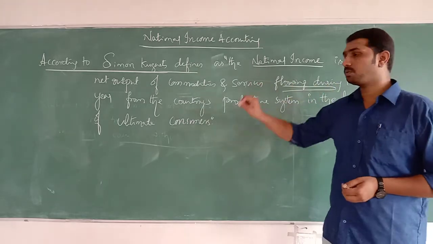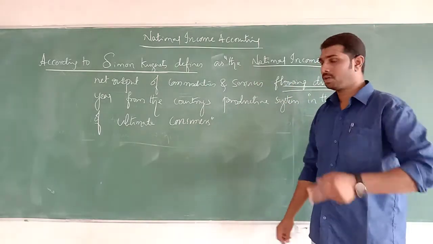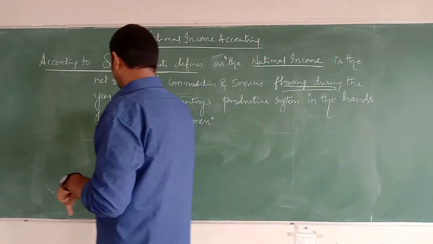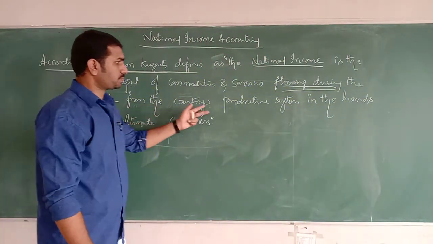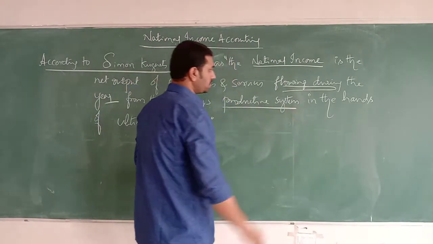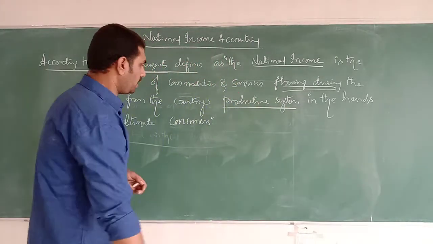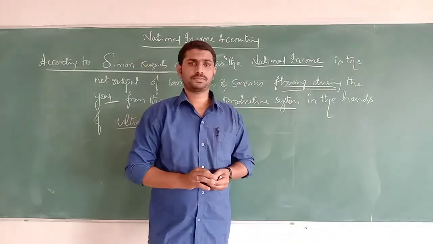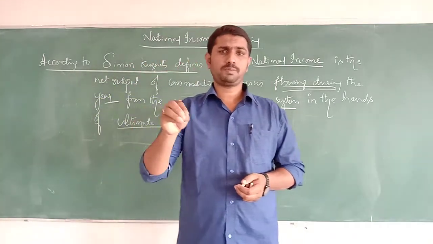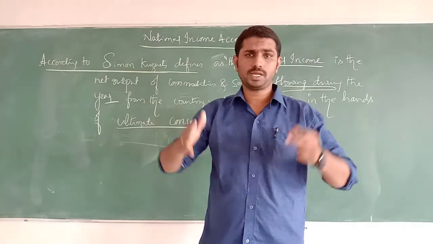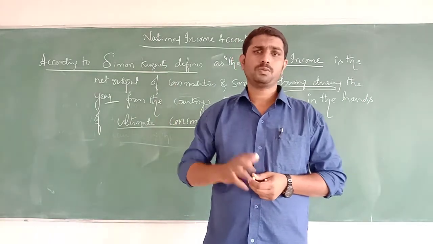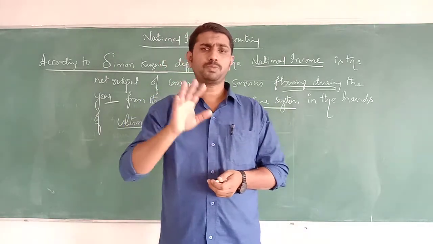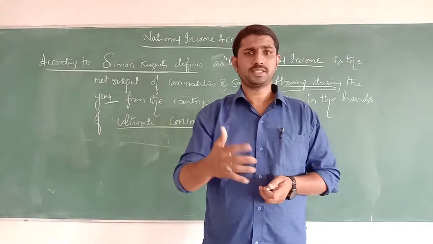You need to understand the word flowing during the year, and why he has taken a year and not a month. It flows from the country's productive system, which you need to understand, into the hands of the ultimate consumer. Now, it's not about the income of a particular state or area, it's about the income of a country. So when we speak of the income of a country, we have to consider each output produced by each sector in the country.